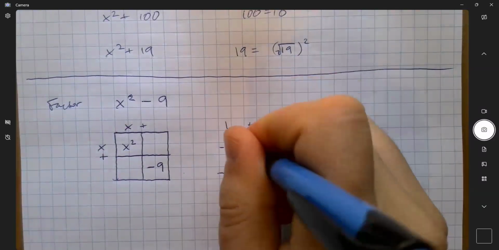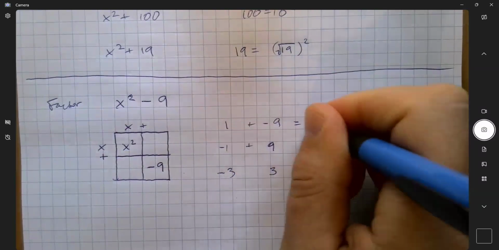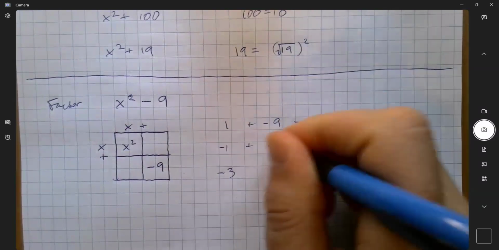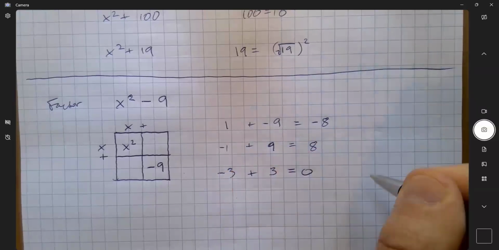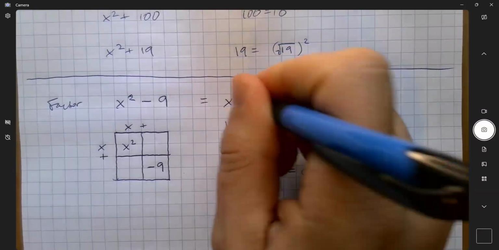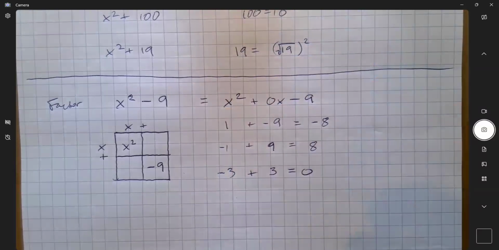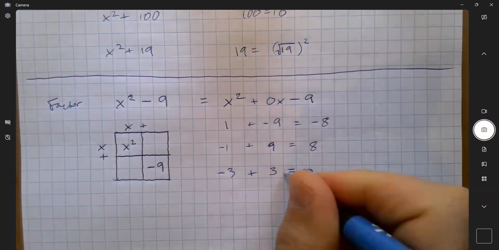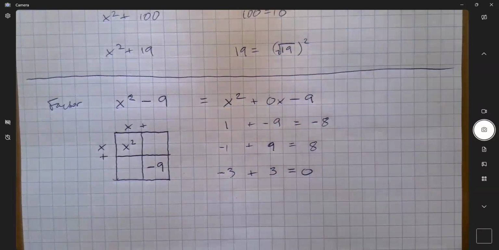And then I check my addition. 1 minus 9 is negative 8. Negative 1 plus 9 is positive 8. And negative 3 plus 3 is 0. Well, x squared minus 9 is x squared plus 0x minus 9. So the negative 3 plus 3 gives me the 0x that I'm looking for.